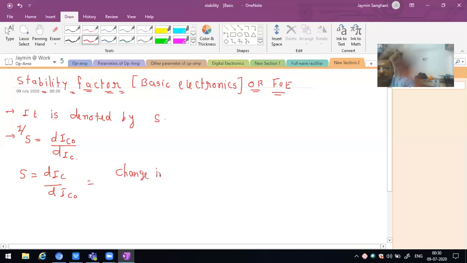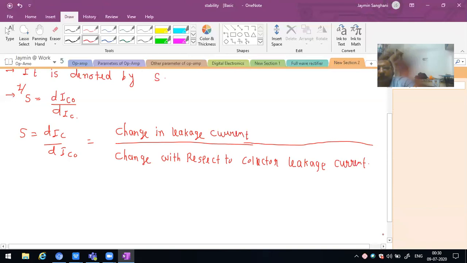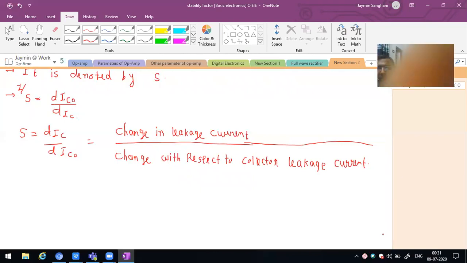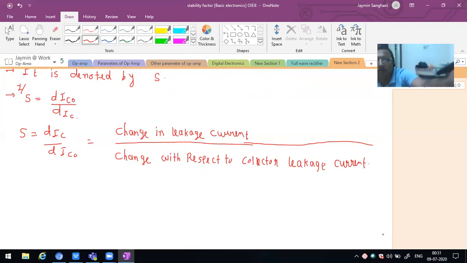Change in collector current divided by change in collector leakage current, which is known as stability factor S.